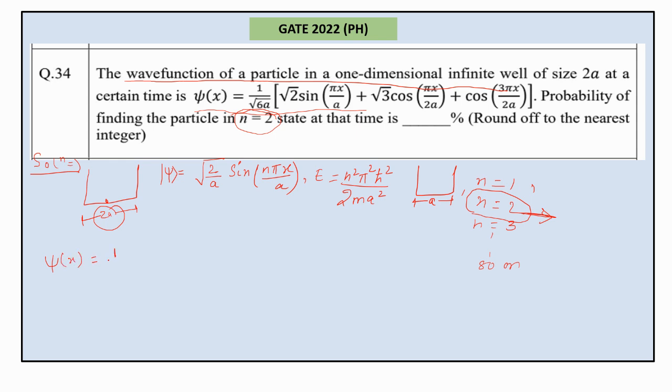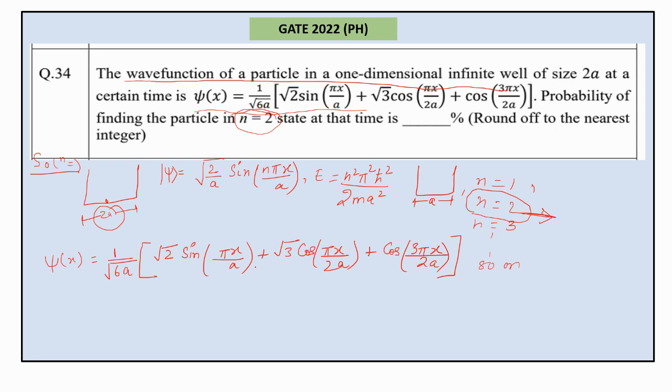This is 1 upon under root 6a, root 2 sine pi x by a plus root 3 cos pi x upon 2a plus cos 3 pi x upon 2a. First of all, see that here it is n pi x by a. So n will define the state and a will define the dimension of the well.